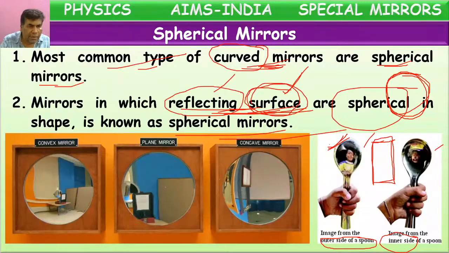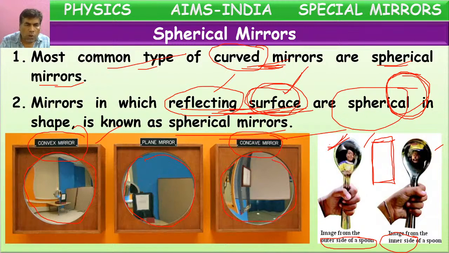If you observe here, we have one plane mirror which is in circle shape. We have one spherical mirror called a convex mirror, which is also in circle shape. Here we have one more spherical mirror, a concave mirror, also in circle shape.